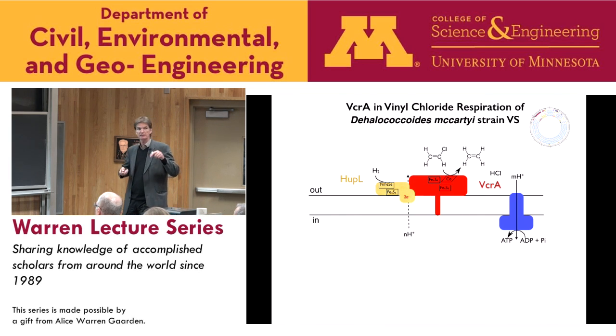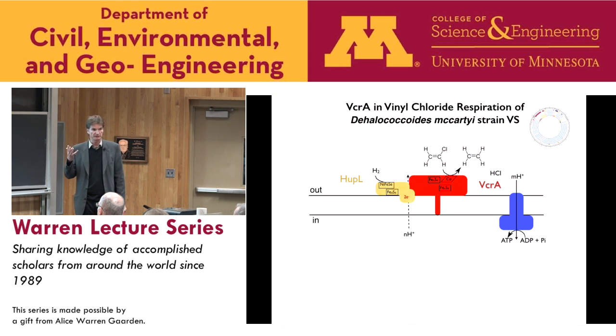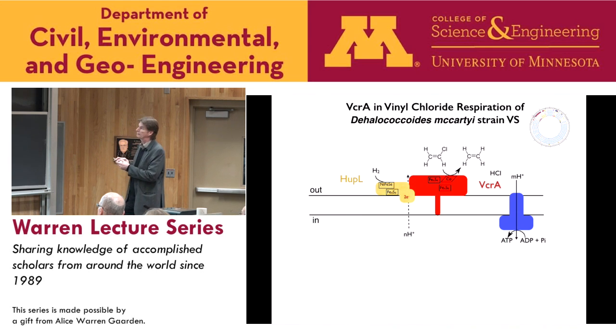If we are zooming into the cell, what is really at the core of this reductive dehalogenation? For the energy-conserving organism, it's one of the most simple modes of making a living because it just requires two enzymes. One is the reductive dehalogenase, which here is a vinyl chloride reductase, that eliminates this chlorine, and a hydrogenase enzyme that uses hydrogen as electron donor.